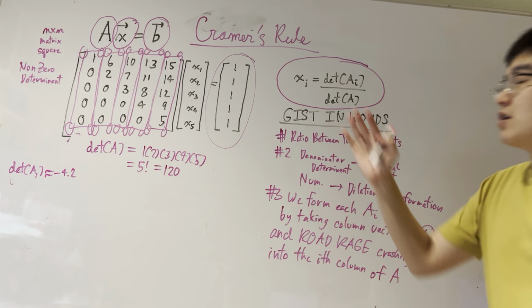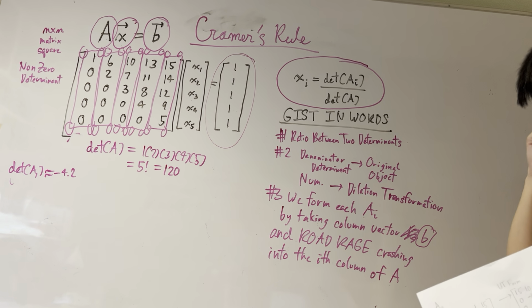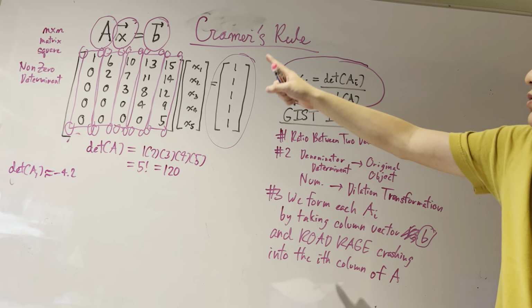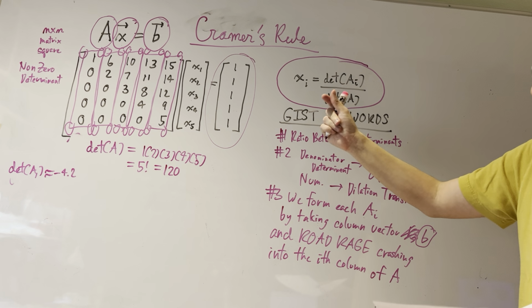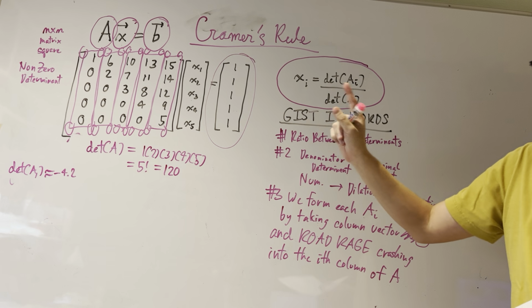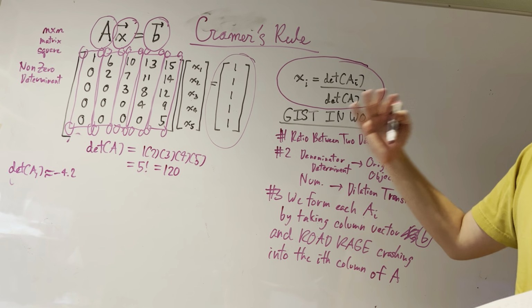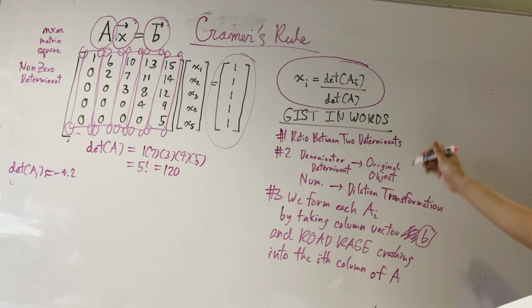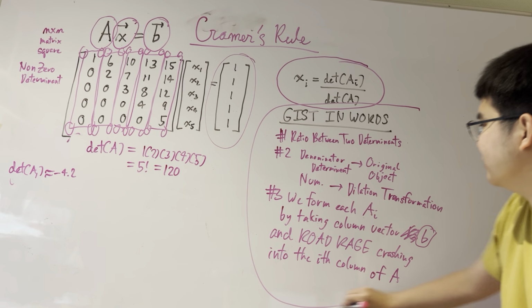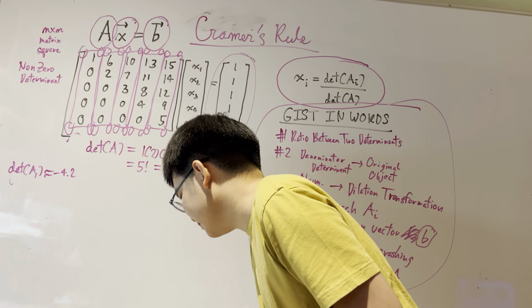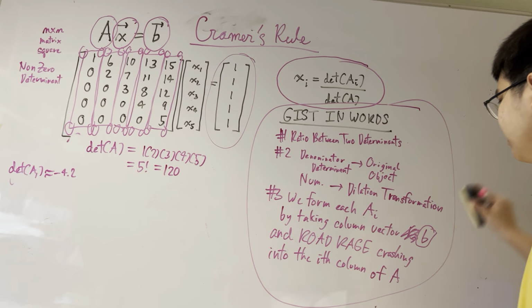I will quickly draw for you what the other A2, A3, A4, and A5 matrices are going to look like, and their upper triangular matrix equivalents. I hope you memorize this part, the key thing here, because now I'm going to erase this part. Okay, ready? 1, 2, 3, bye-bye.